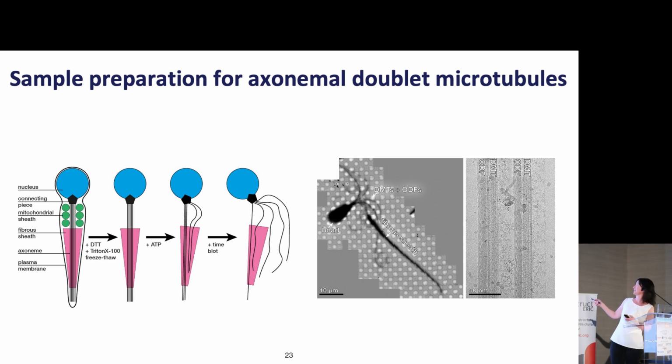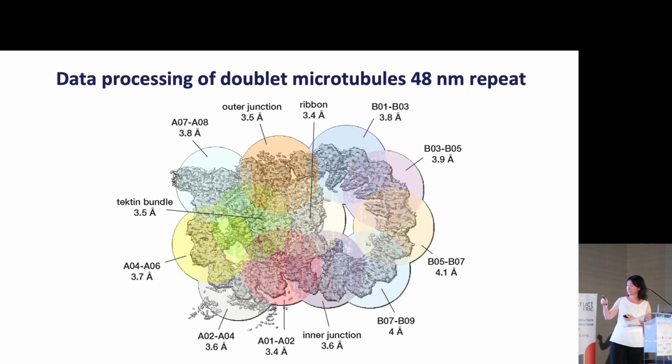But you can see here in a higher magnification that we have the doublet microtubule, and then the outer dense fibers bound to it, they are not lost, they are still there in the sample. So again, this is a sample that is ready for single particle analysis data collection, and this is what we did, with quite a bit of processing and classification for different parts of this doublet.